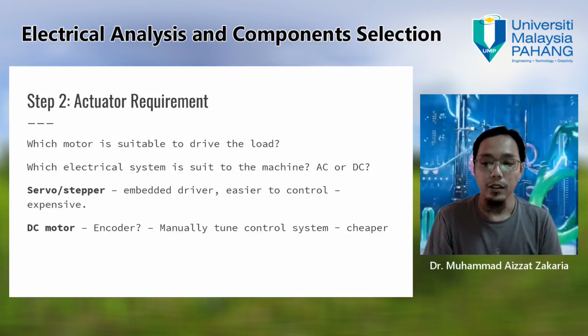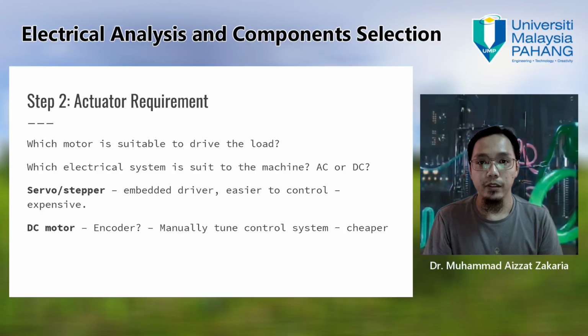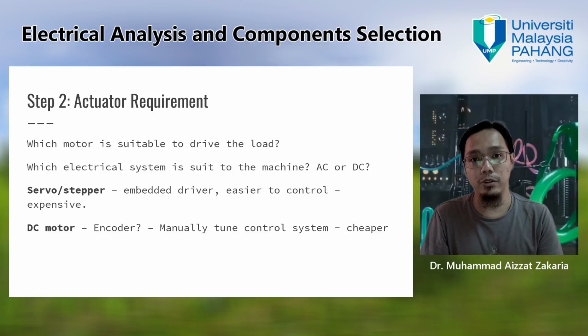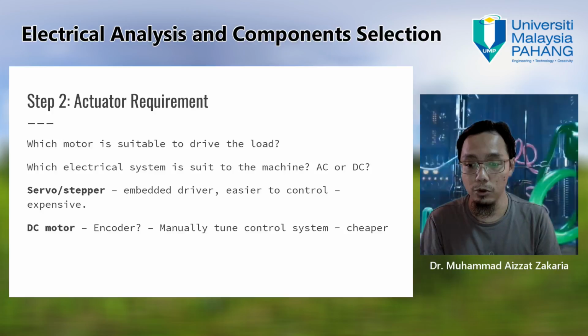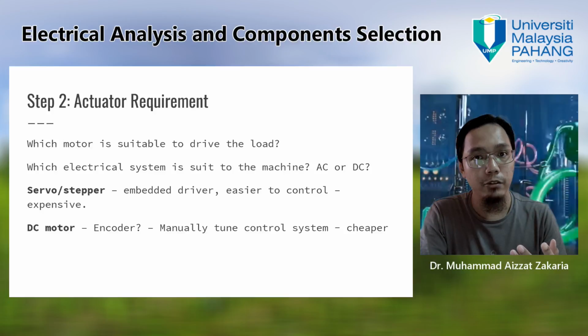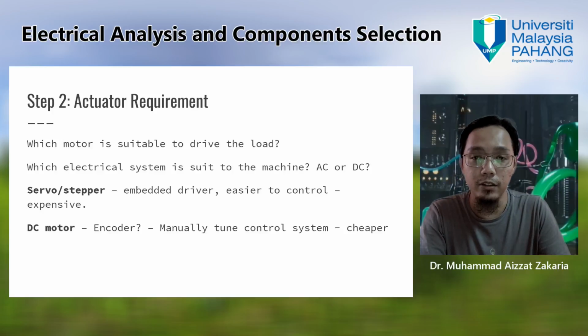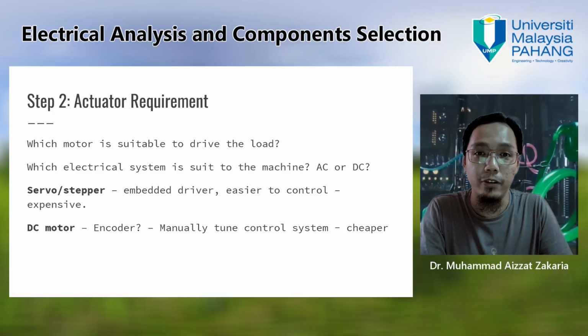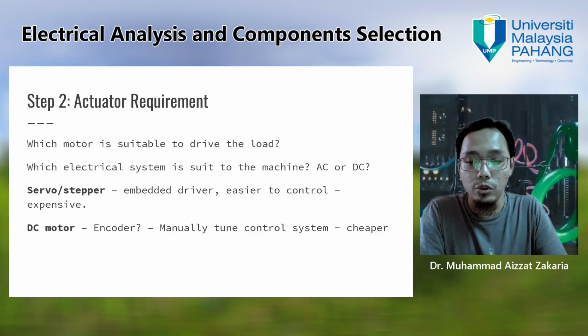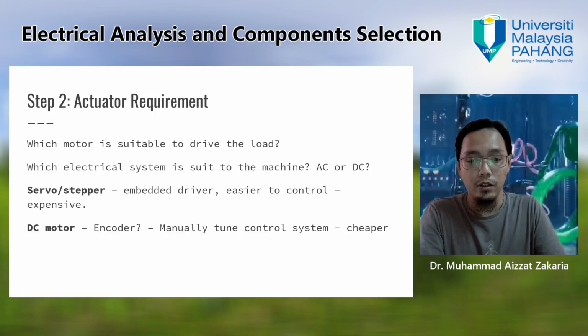For example, servo or stepper motors are very precise and easier to control because they already have pre-configured angular control motion for the motor itself, but they are very expensive. So for IDP, you have a very limited budget, 500 ringgit per project, so you may be constrained to use a stepper motor, or you may want to use a DC motor with encoder.